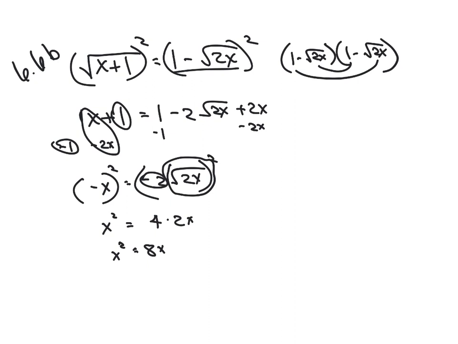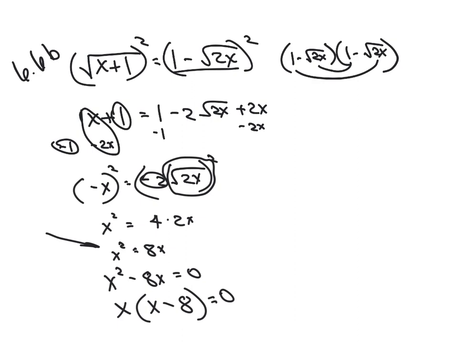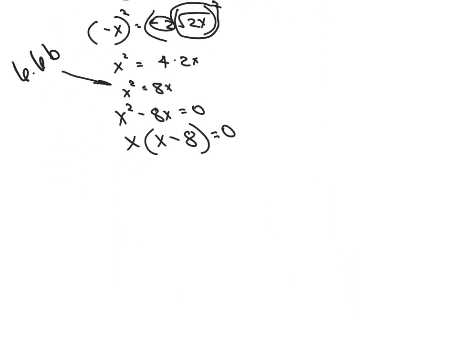Whenever we have an exponent of 2 or greater, we have to get everything on one side of the equal sign and set it equal to 0. Then we can factor out an x. Once we do that, we can say that x equals 0, or x equals 8.